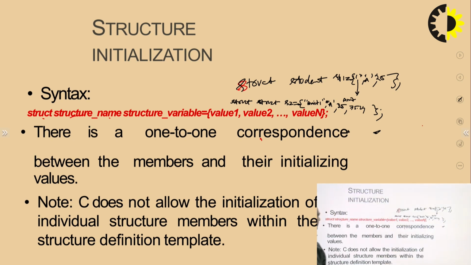So here there is a one-to-one correspondence between the members and their initializing values. C does not allow the initialization of individual structure members within the structure definition template.